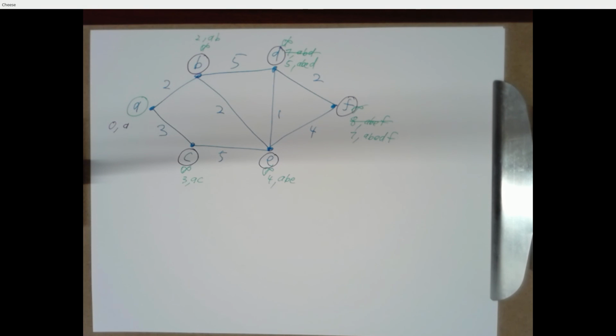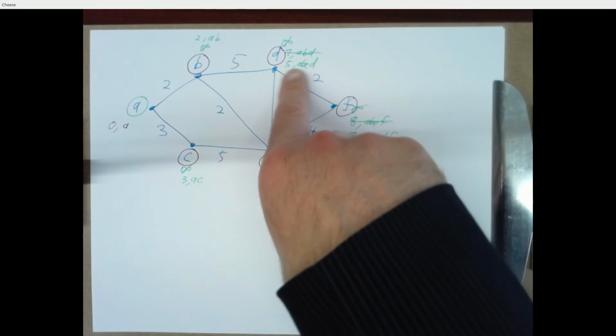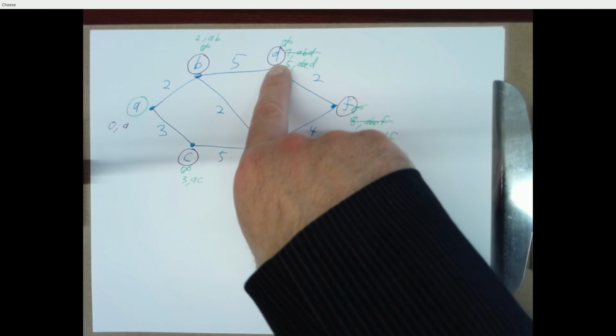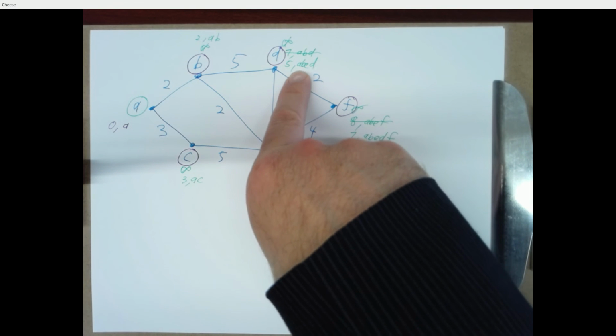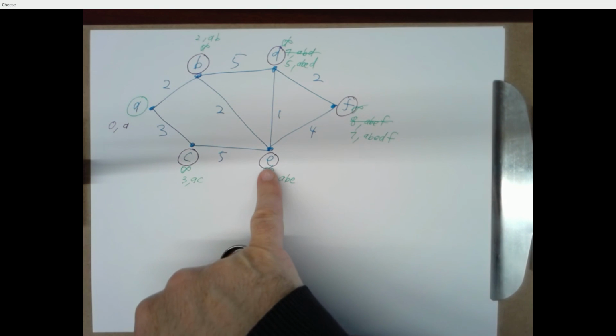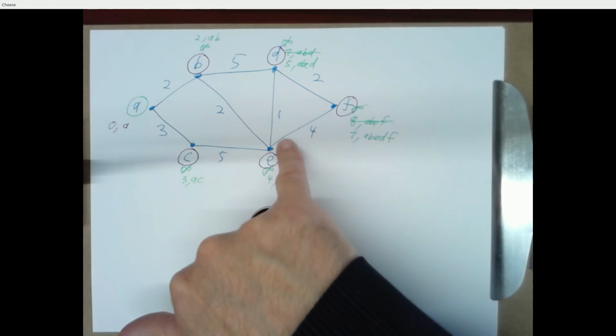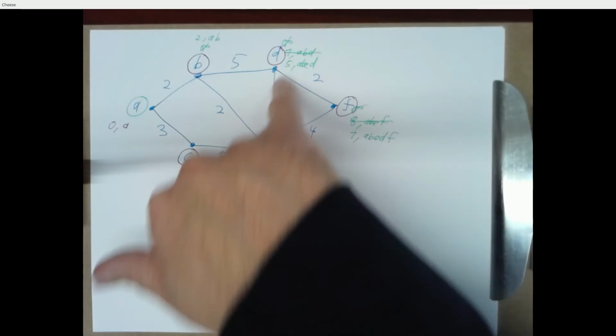Well, when we got to D and it had a distance of 7, if we had decided to visit that node next, we never would have been able to relax that 7 to a 5. It's because this node was closer that we visited this, and then we relaxed along this edge and turned that 7 into a 5.